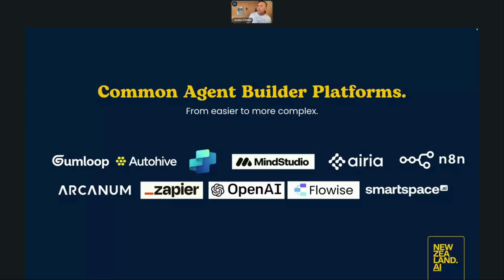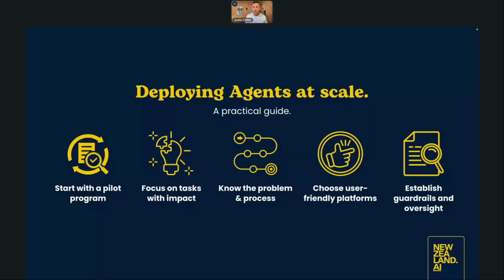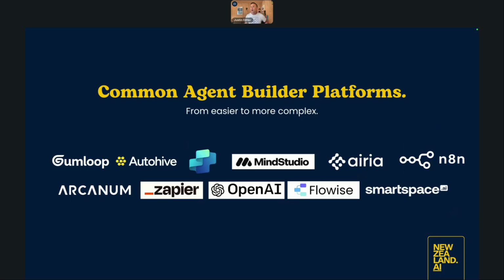Right. So deploying agents at scale. Question from Trevor: are there platforms that are more aligned to Azure rather than AWS? Yes. So SmartSpace, which we'll talk about before, is deployed on Microsoft Azure within your tenancy, right? It is slightly more complicated.